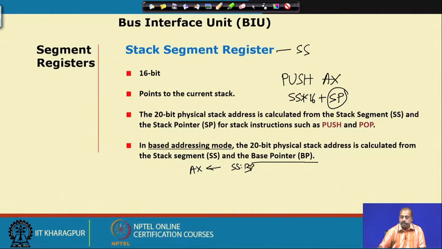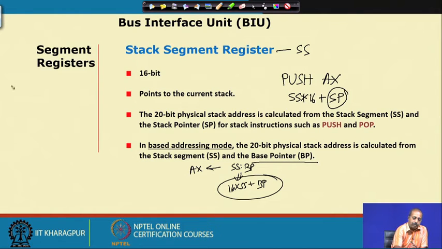We can have instructions for that purpose. Again the same thing, 16 into SS plus BP. That particular memory location will be accessed and that content will be passed to AX. This is useful whenever you are using the stack for parameter passing.